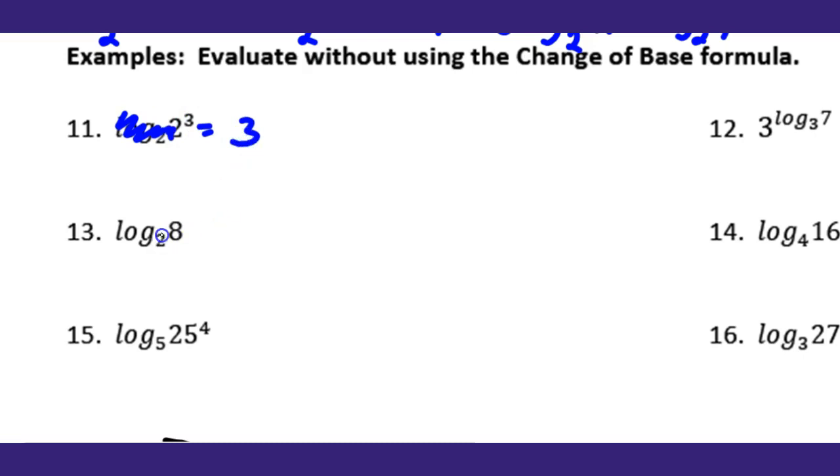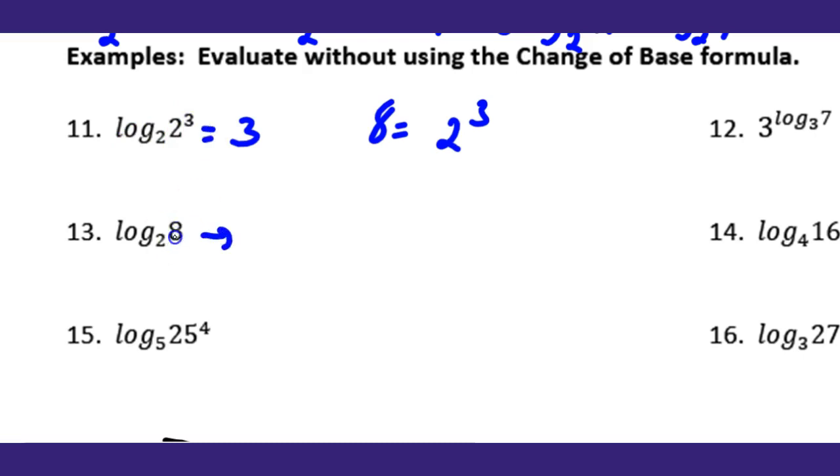Now, 8 involves a little more thinking. And here's what I mean. 8 is 2 cubed. Think about it, 2 times 2 times 2 is 8, right? So I can make this similar to this problem right here. You don't even know they're the same exact problem, because 8 is 2 cubed.